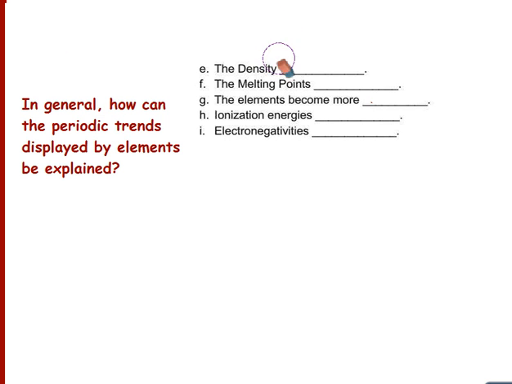Our density increases. Our melting points increase. The elements become more metallic. Ionization energies decrease, because the atoms are getting larger and electrons are getting further away from the nucleus. And the electronegativities also decrease because it becomes less greedy when it comes to sharing a bond.